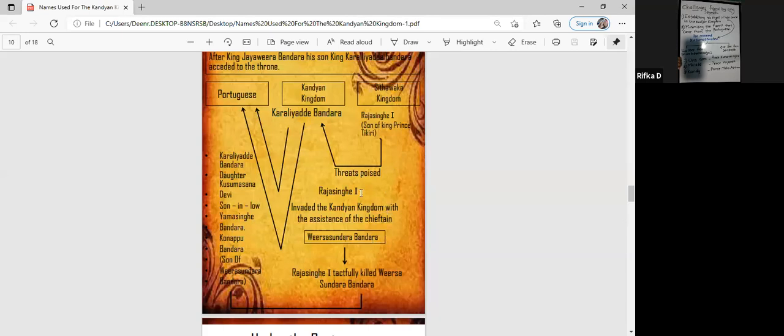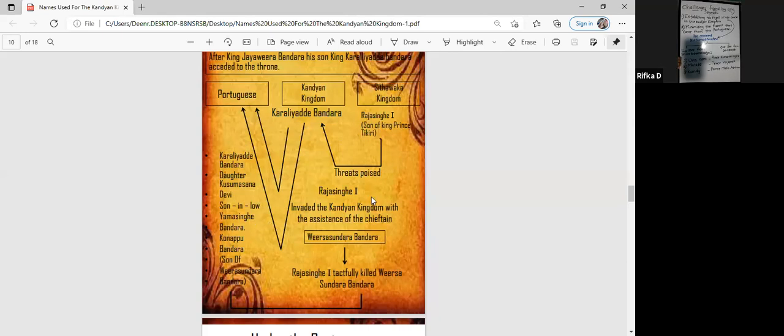He gave his assistance to Rajasinghe to invade the Kandyan kingdom. When he invaded, Karaliyadde Bandara fled to the Portuguese along with his daughter Kusumasana Devi and son-in-law Yamasingha Bandara.